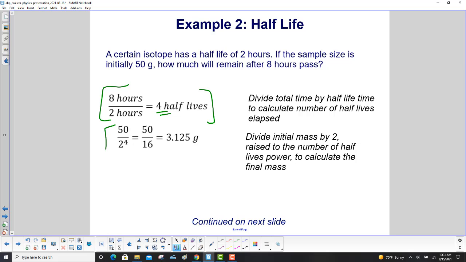Now we have a little equation here. Divide the initial mass, which is 50 grams, by 2 raised to the number of half-lives power to calculate the final mass. So that's 50 divided by 2, and there's the number of half-lives right there. So 50 divided by 16, 3.125 grams.